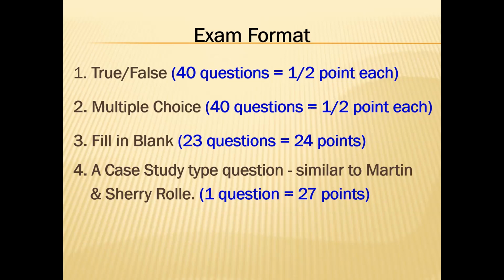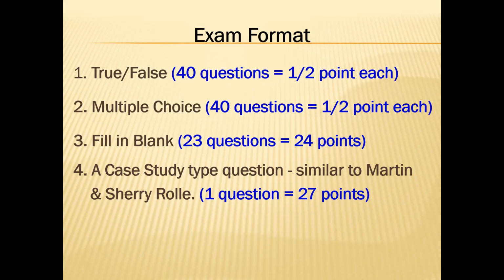So you have 20 points for true and false, 20 points total for multiple choice, 24 points for fill in the blank, and 27 points for the case study. I think it's a total of 91 points. I try to keep it between 90 to 100 points for the exam.